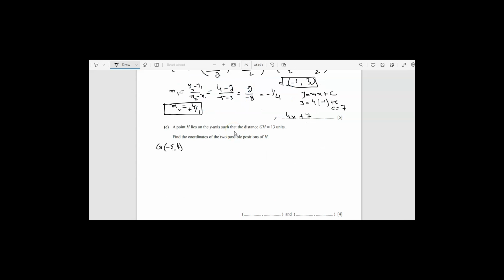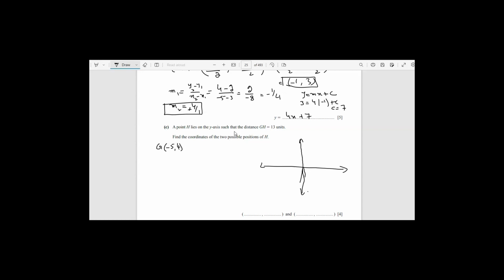Okay, for the next part, a point H lies on the y-axis such that the distance GH equals 13 units. Find the coordinates of the two possible positions of H. So we have the y-axis, x-axis. Now H is somewhere like this.